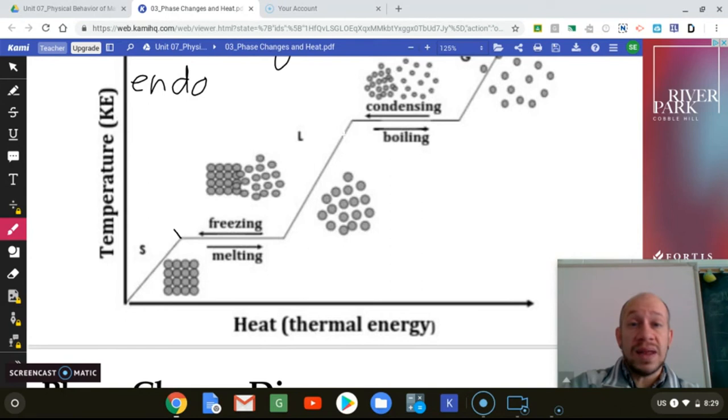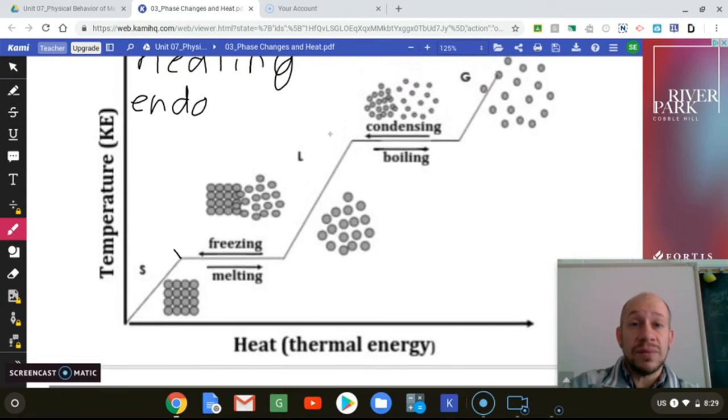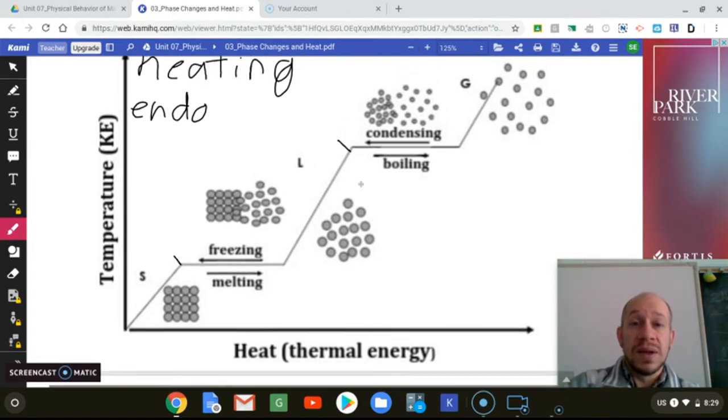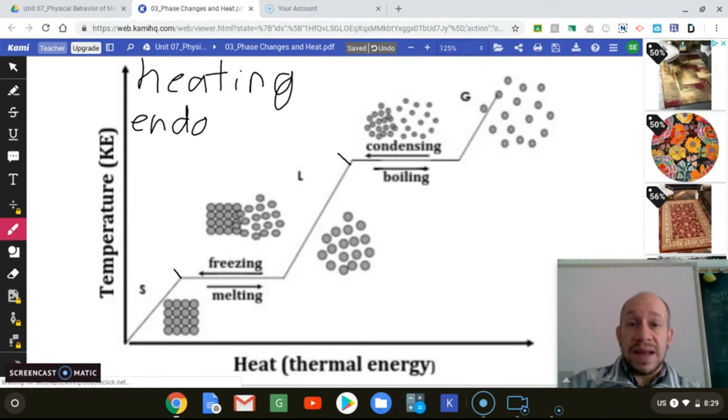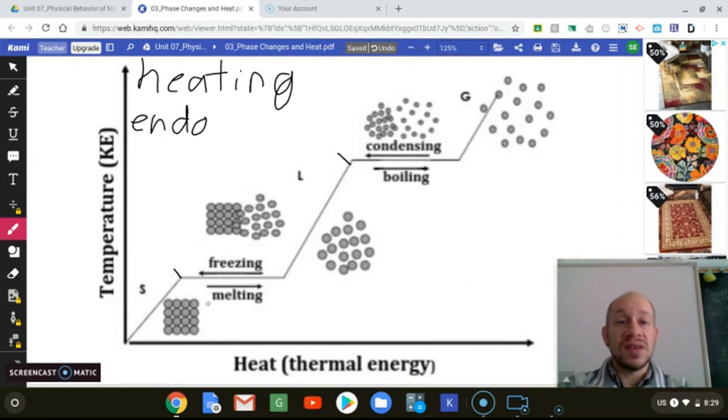I continue adding heat, and I'm all liquid until I reach this point, which is my boiling point. As I'm boiling, my liquid is becoming a gas, and I have an equilibrium between gas and liquid until all of my liquid is boiled, and now I'm at all gas here. And as you notice, whenever I have a phase change, there are no temperature changes. And when I'm in a phase, liquid, solid, or gas, I have temperature changes.